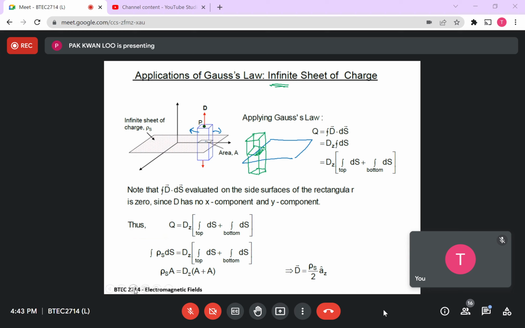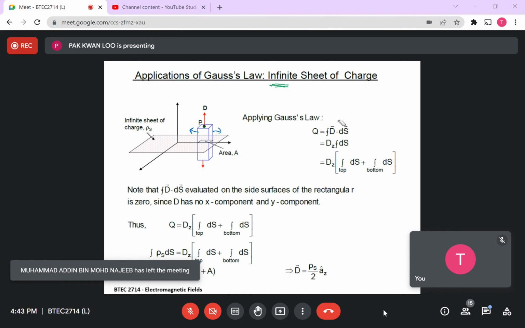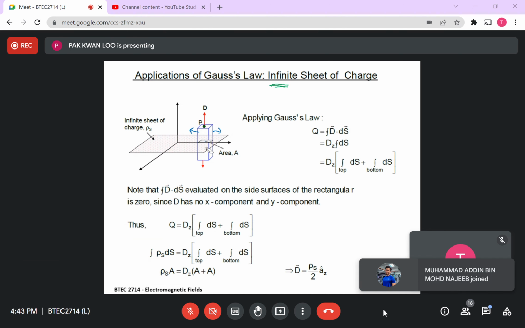Applying Gauss's law for an infinite sheet of charge, Q is equal to the flux coming out from this hypothetical Gaussian surface. Why is it only the z component?